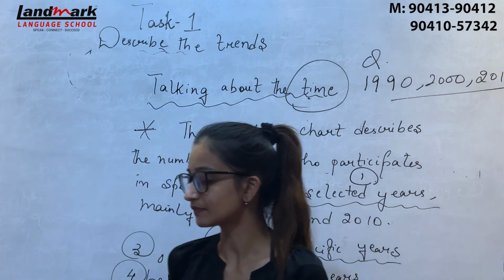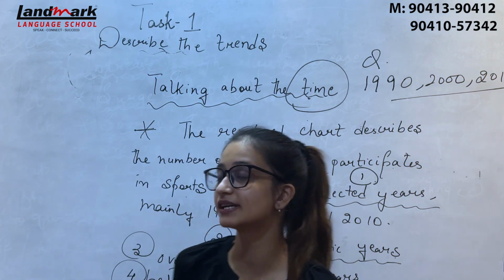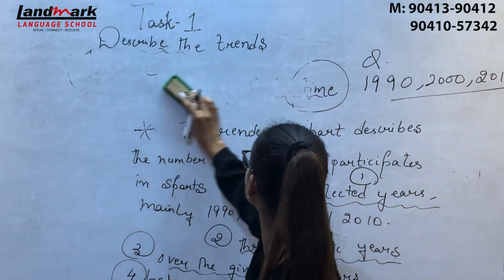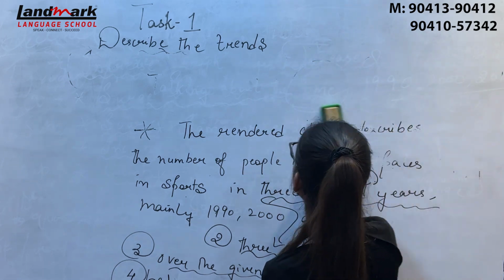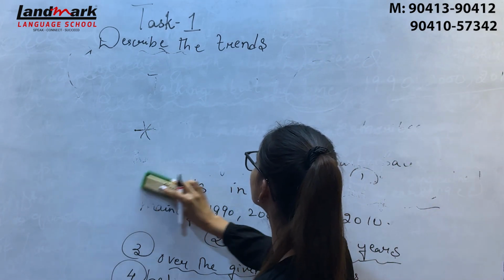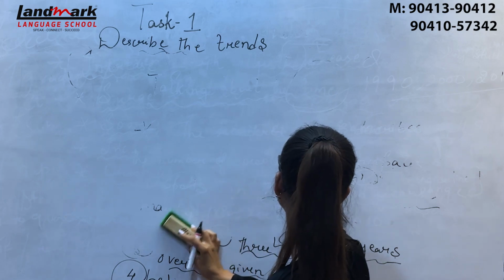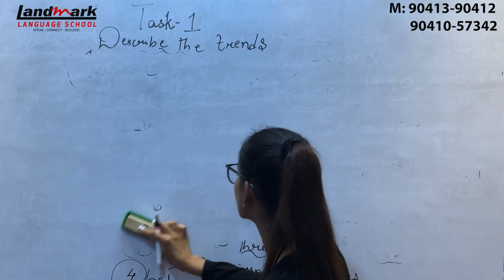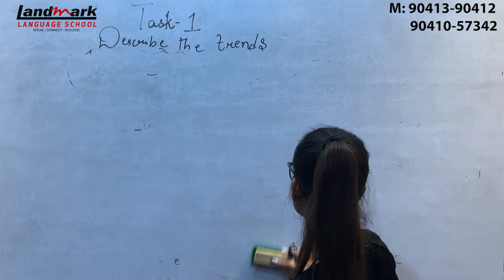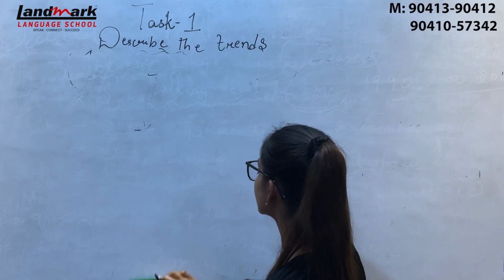Now, in your Task 1, as you know, we can't repeat the words. So while we are comparing and contrasting, which comparison words do we have to use? Task 1 is mainly about increase, decrease and stable.